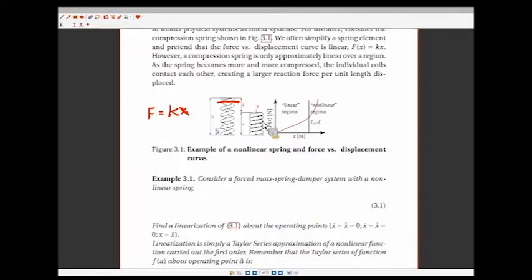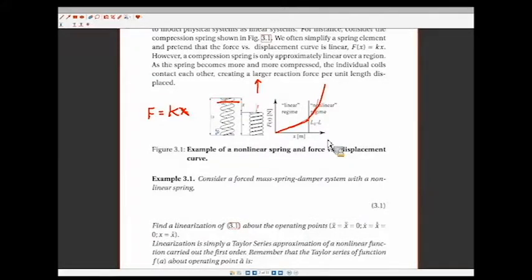All of a sudden, the force that the spring gives is really large because you're trying to force metal into metal, right? The opposite is true. If you were to stretch this really far, you're going to get to a point where, instead of being a spring that has compliance, it's now a straightened out wire, and that's going to be much stronger than a spring. So you have a lot of behavior where it may behave in a linear fashion in this regime, and then once you get past some critical length, it starts to really spike in terms of the force it provides.